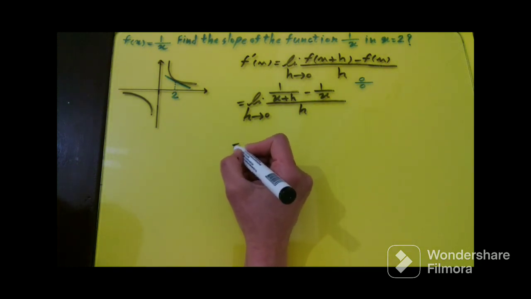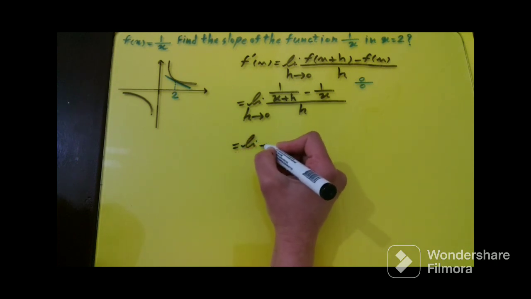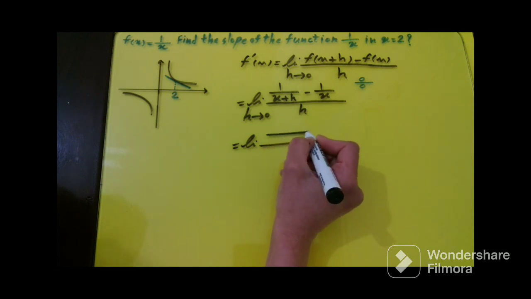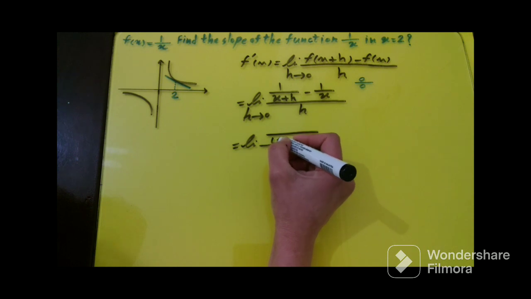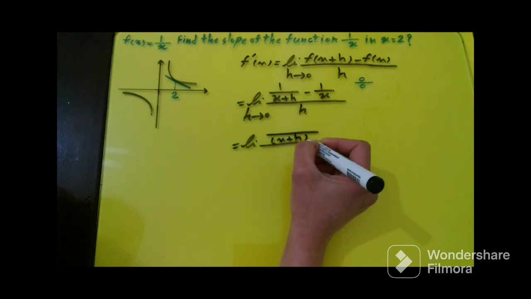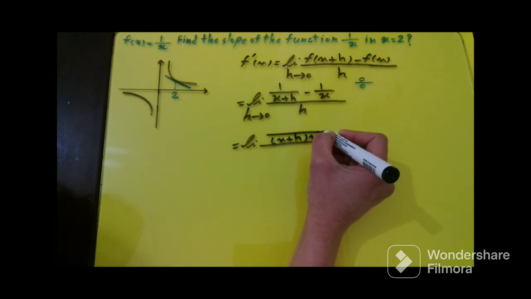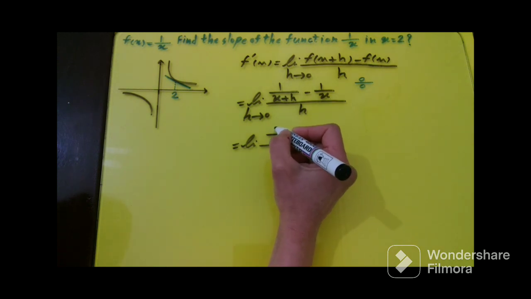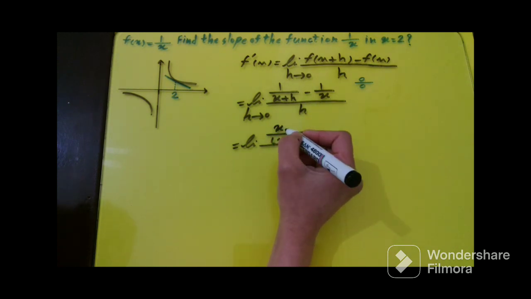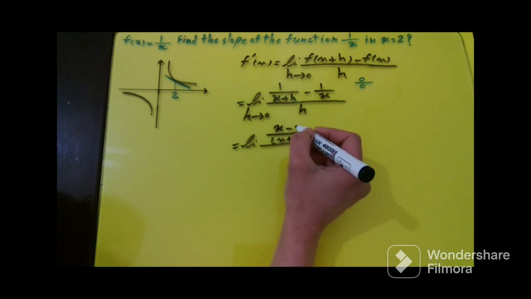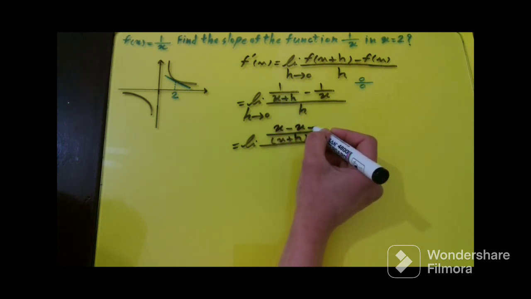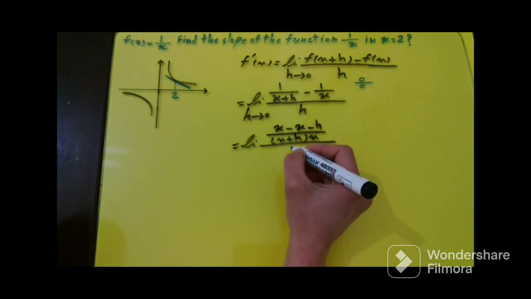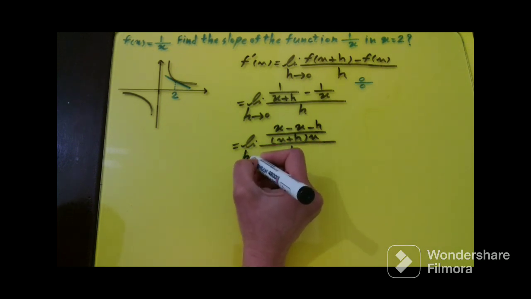So it's limit of x plus h times x for down, and for up x minus x minus h, because it's minus here, all over h, as h approaches 0.